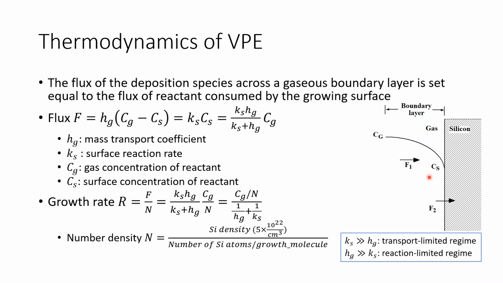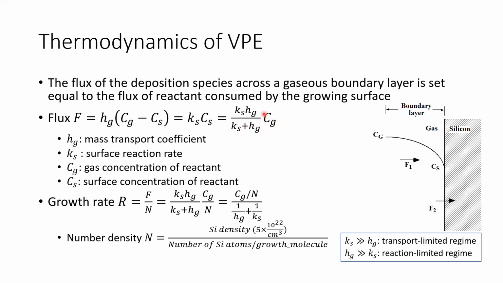This is equal to F2, the consumption of the reactant, which is Ks times Cs, where Ks is the surface reaction rate and Cs is the surface concentration of reactant. By setting F1 equal to F2, we can simplify and get the total flux F.